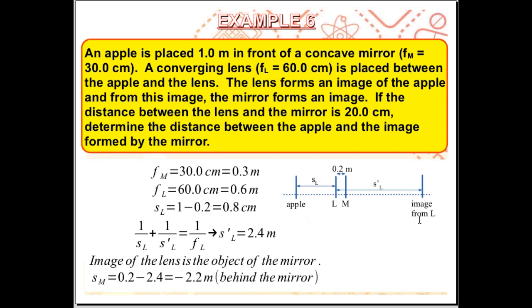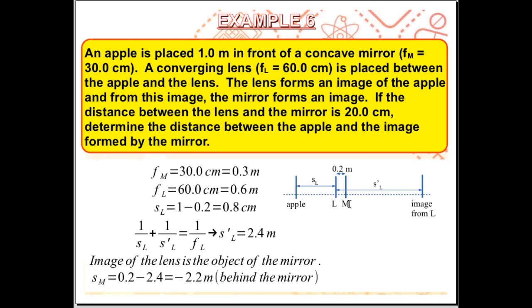So here you have a figure. You have the apple and the mirror. Between the two, you have the lens. The lens and the mirror are 0.2 meters apart. First, the light from the apple will encounter the lens, so the lens will make an image of the apple. First, let's look at our variables. F sub m, 0.3 meters, F sub L, 0.6 meters, and S sub L, the object distance between apple and lens.